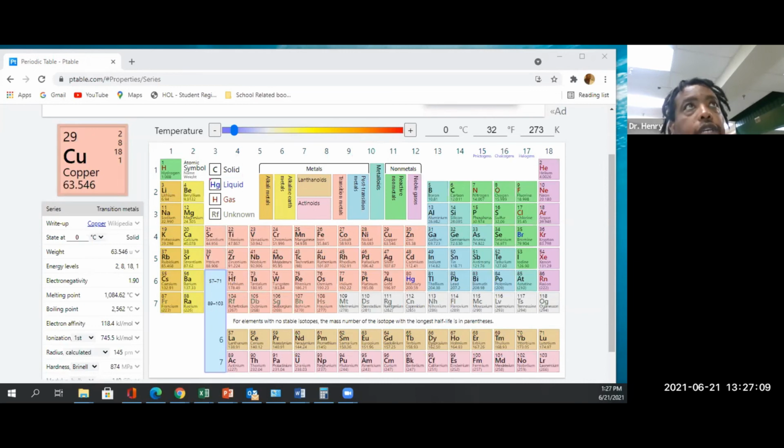Right? So if we take a look at it, this here represents the S. We know that can only hold 2 electrons. And we know the P part can hold how many? So the P can hold 6.